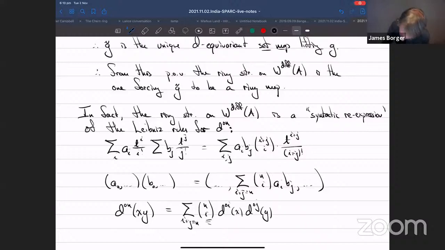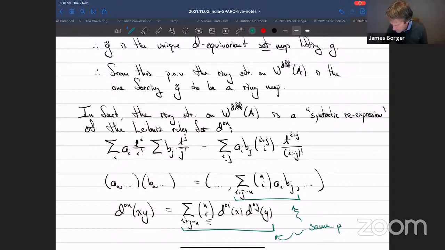The point is that this is a polynomial expression in the derivatives of x and the derivatives of y, and this is a polynomial expression in the a_i and b_j, and it's the same polynomial, just evaluated on different things.